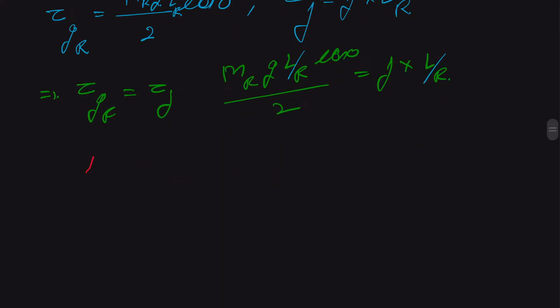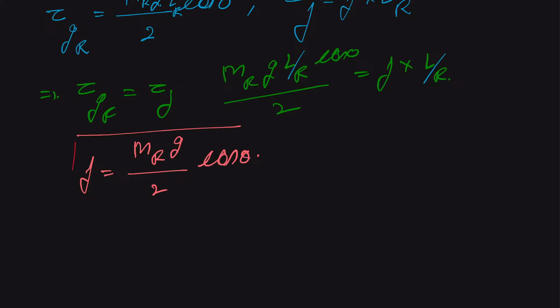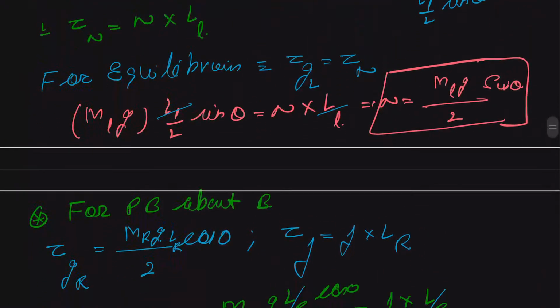Therefore we get friction is equal to m right G by 2 cos of theta. So we got two important things, friction as well as the normal equation.